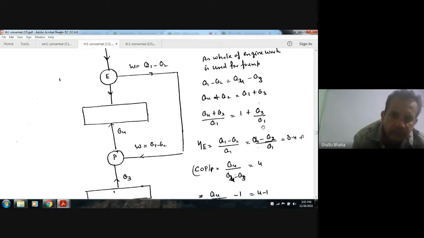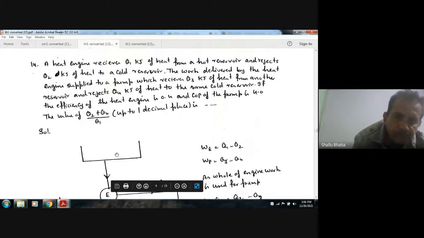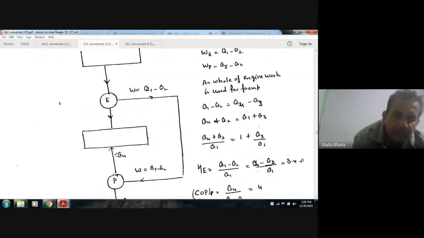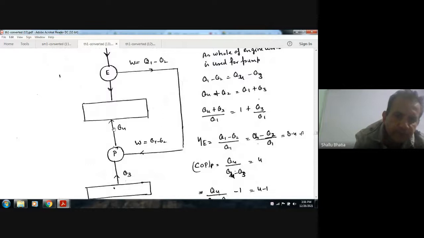Now the efficiency of the engine is work done divided by heat supplied, so that is (Q1 minus Q2) divided by Q1, which is 0.4. And the COP of the pump is the heating effect divided by work done: Q4 by (Q4 minus Q3) is equal to 4.